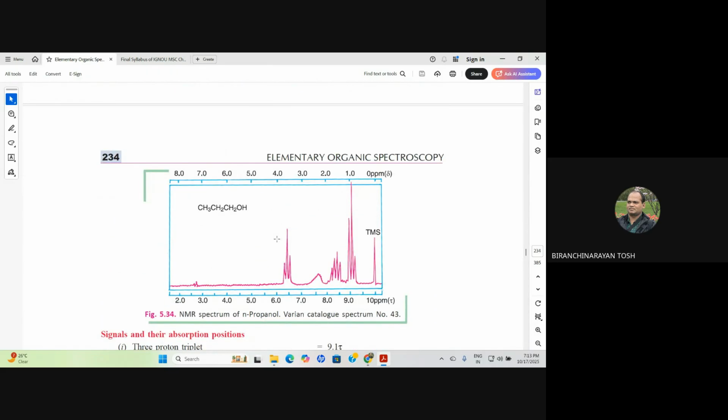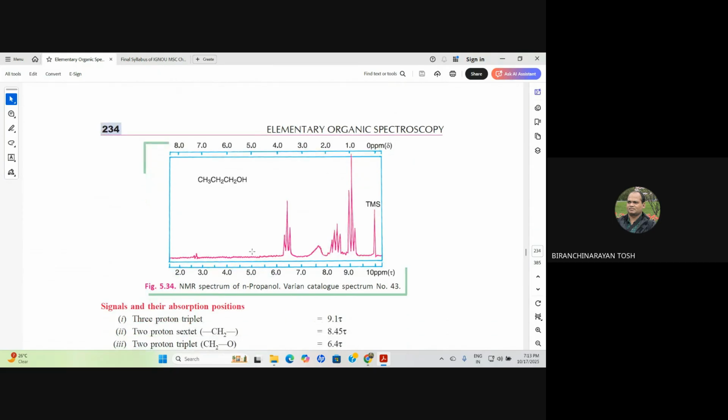Similarly, for propyl alcohol or N-propanol, how many types of protons? One is CH3, and one is CH2 attached to CH3, and that CH2 is attached to the alcohol group, so this is also different. So 1, 2, 3, 4 types of protons, so we'll get 4 signals.